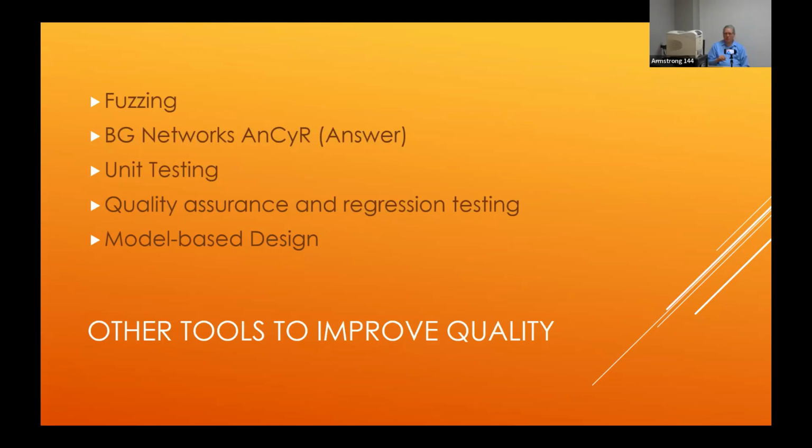There's another one out there from BG Networks called Answer. This is a tool that actually takes a look at your application, and it uses artificial intelligence to take a look at various hooks. So it's essentially doing some dynamic analysis and taking a look at the set of functions that are being used, say, for example, talking to the operating system, and learning which functions are significant based upon overall operation of your application.